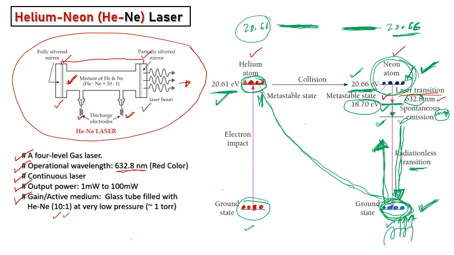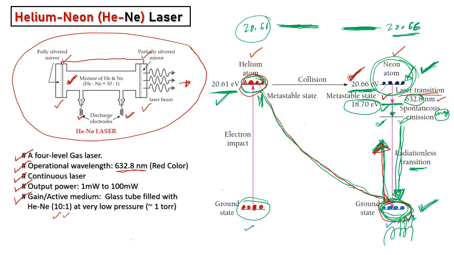In addition, atoms are provided in the metastable state of the neon, while the helium atoms in the excited state collide with the atoms in the ground state of neon, they further supply atoms to the metastable state of the neon system, and through this we achieve a population inversion.